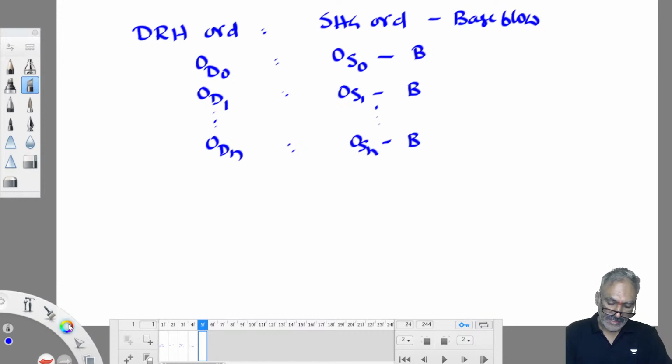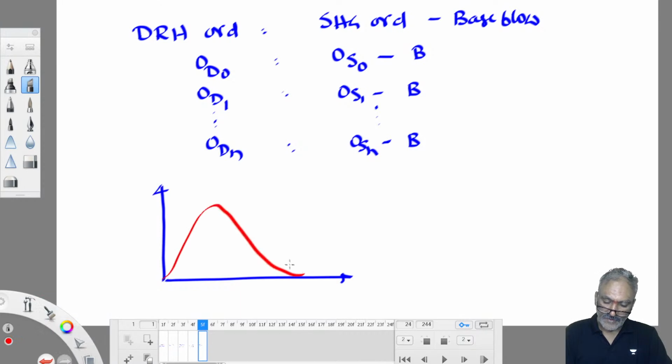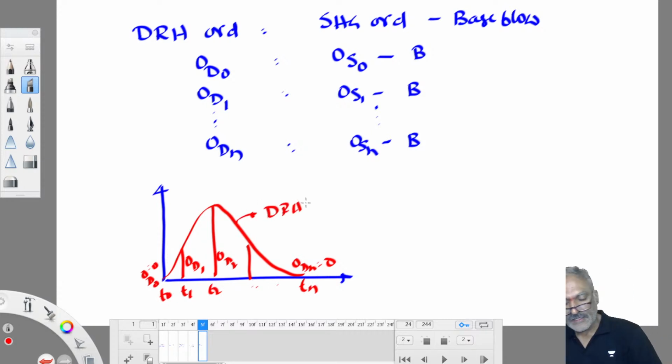So we got one direct runoff hydrograph. The direct runoff hydrograph is the one which starts with 0 and ends with 0: OD0, OD1, OD2, OD3, up to ODN. ODN and OD0 happen to be zeros only. These are times T0, T1, T2 up to Tn. So this is called the direct runoff hydrograph.